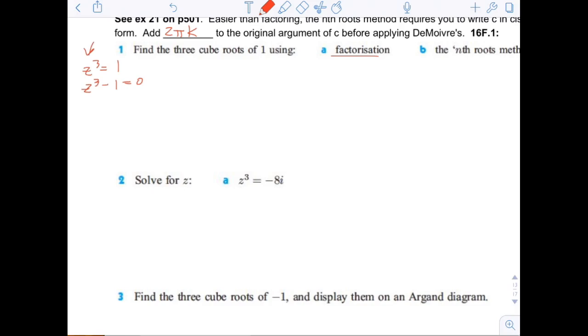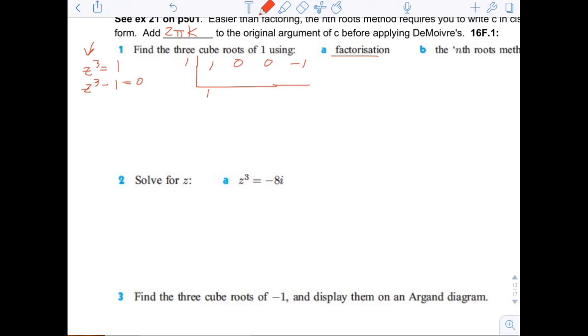So how do we find the other roots of z cubed minus 1? Well, synthetic division. So basically z cubed minus 1 is a polynomial with coefficient 1 for the z cubed, coefficient 0 for z squared, coefficient 0 for z, and coefficient negative 1 for the constant term. And we know that 1 is a root that works.